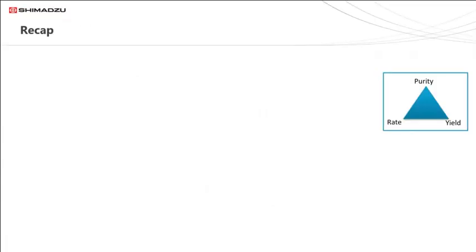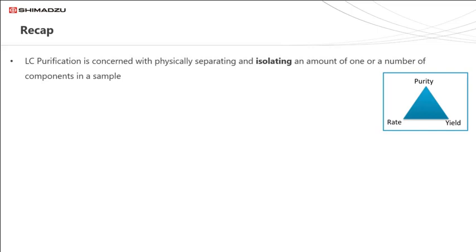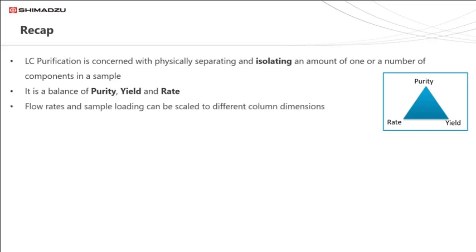In session 1, we said preparative LC is concerned with physically separating and isolating an amount of one or a number of components in a sample. That balance needs to be struck between purity, yield, and rate. That flow rates and sample loading can be scaled to different column dimensions.